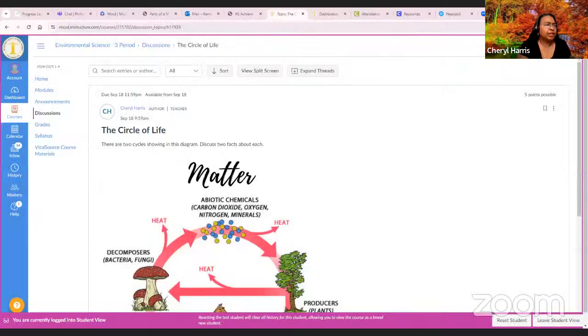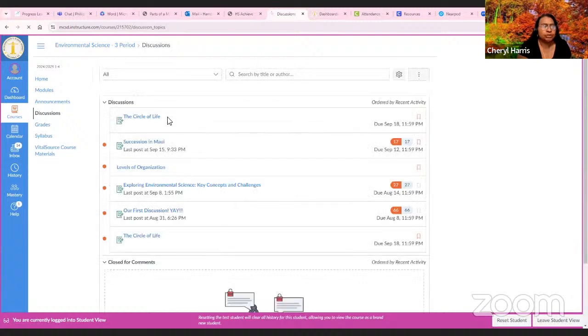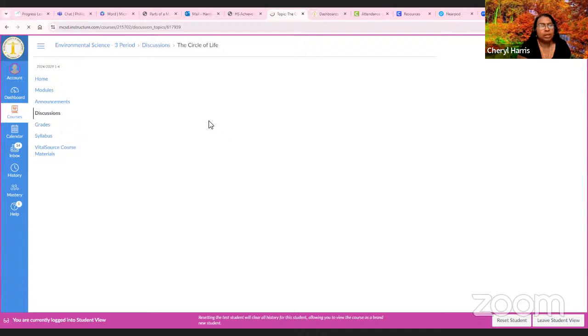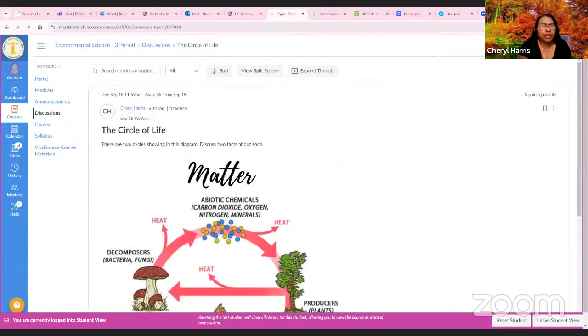All right, so again, if you go into Canvas, you should see there's a discussion question ready for you. If you click on discussions, it should be the circle of life. I'm looking at student view right now. And if you click on circle of life, there's a question for you.